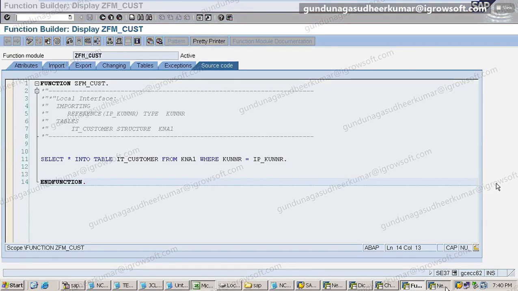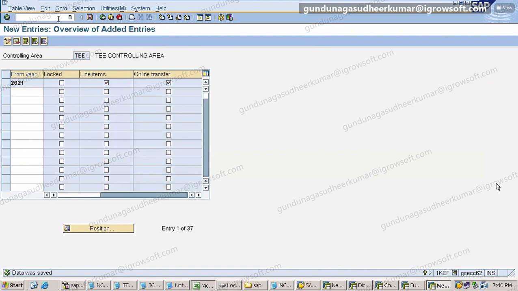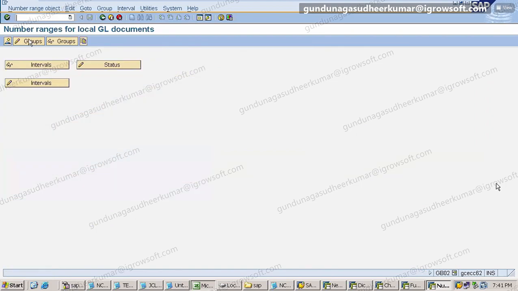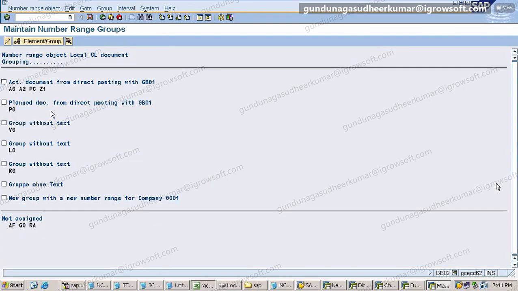Click on groups. Here you see we have a separate number range for planned documents and actual documents. For planning, a separate series; for actual, a separate one. So select plan.